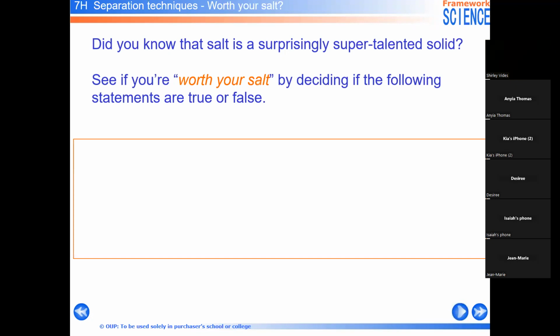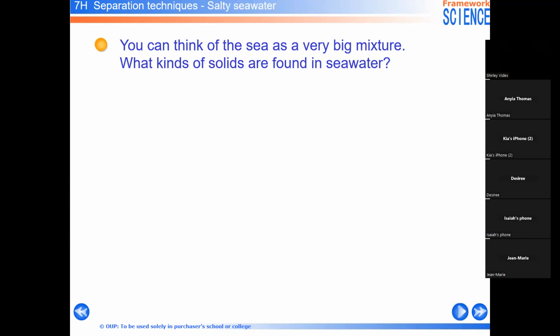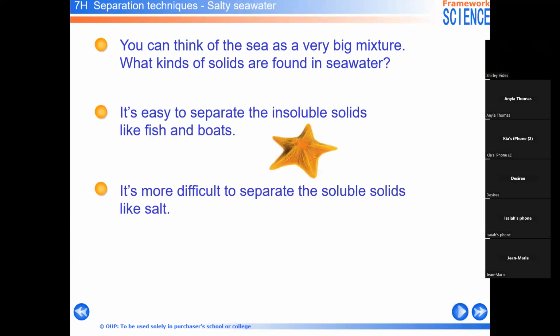Okay, so we're skipping this stuff. But here's an actual example: if you look at the sea, you know that it is a big mixture. It's got fish, it's got salt, it's got boats, it's got all kinds of stuff in there. It's easy to separate the bigger stuff, but the smaller, soluble stuff is harder to separate.